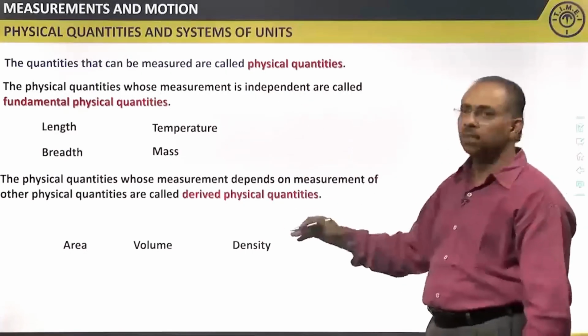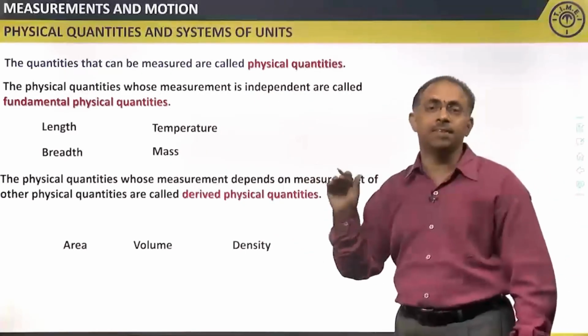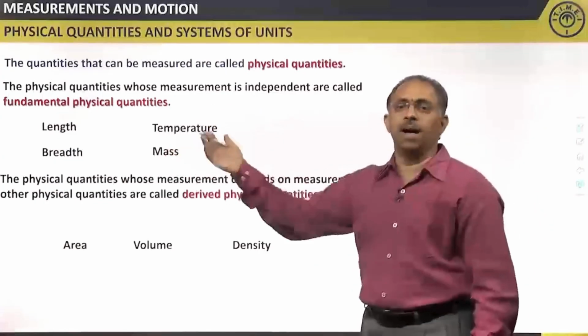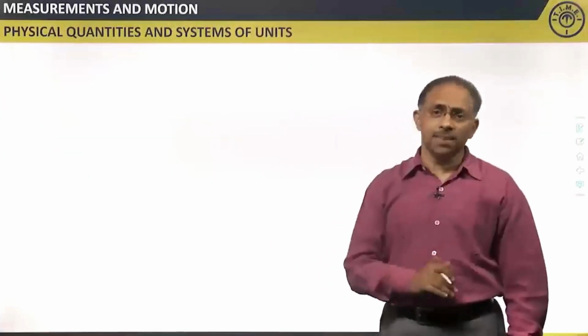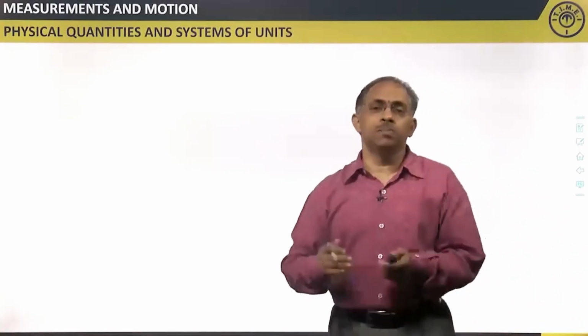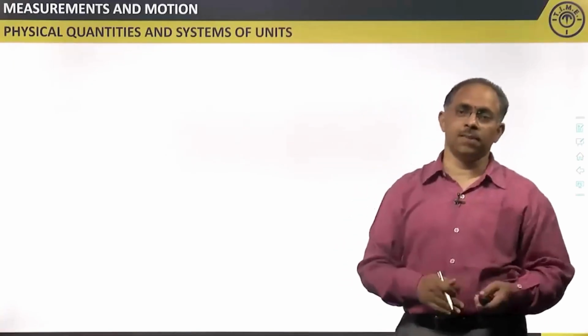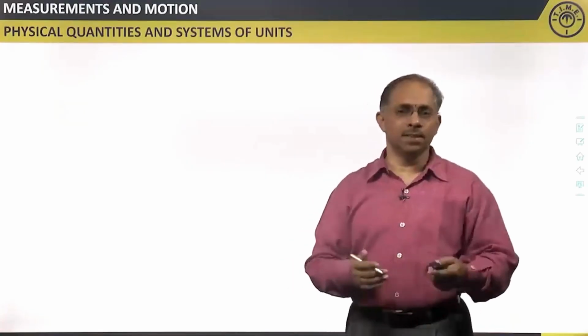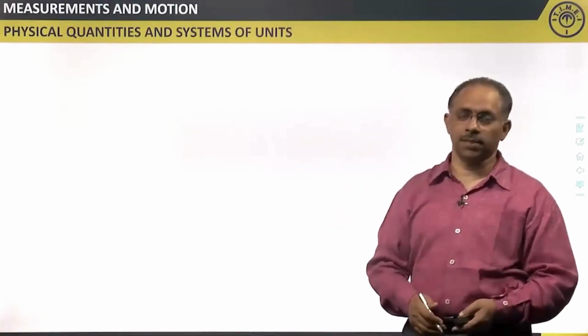So this is how we differentiate any physical quantity into either fundamental or derived. We have seen some physical quantities whose measurement is dependent on other physical quantities, and some whose measurement is not dependent on the measurement of other physical quantities.